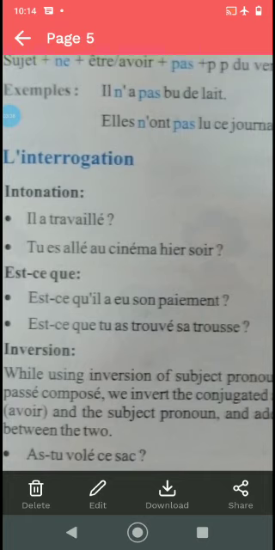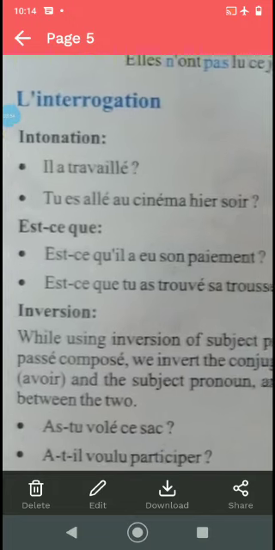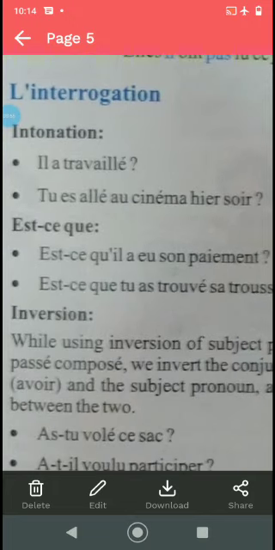Or est-ce que tu as trouvé sa trousse? Did you find her compass? Got it? Here they have not inversed, not as-tu but est-ce que tu as, because for est-ce que you are not going to do the inversion; it has to be a proper affirmative sentence.